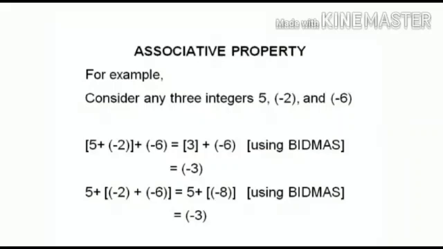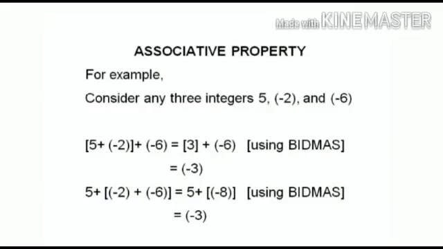Let's see another example. Consider three integers 5, negative 2 and negative 6. If you add 5 plus (negative 2 plus negative 6), by BIDMAS rule, we have to evaluate the values inside the bracket and then the result is added to the other.